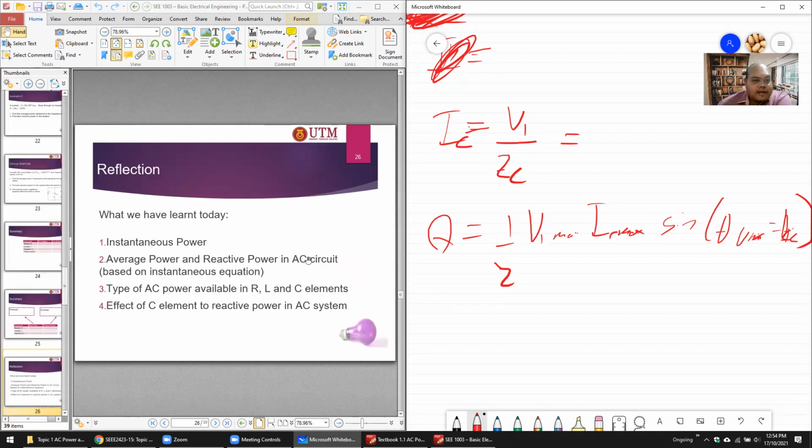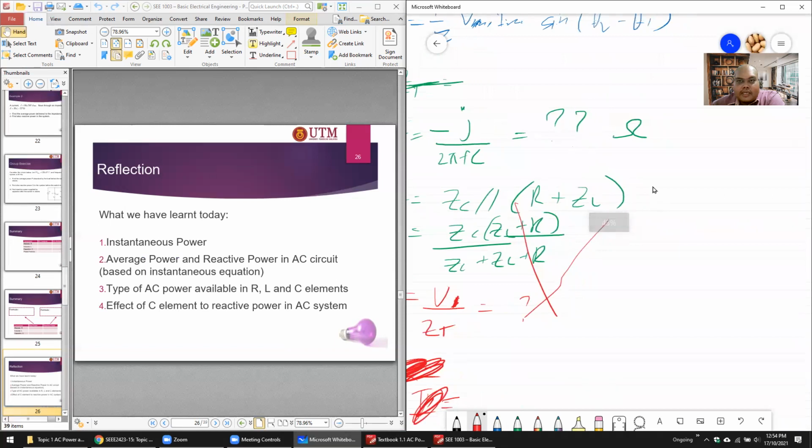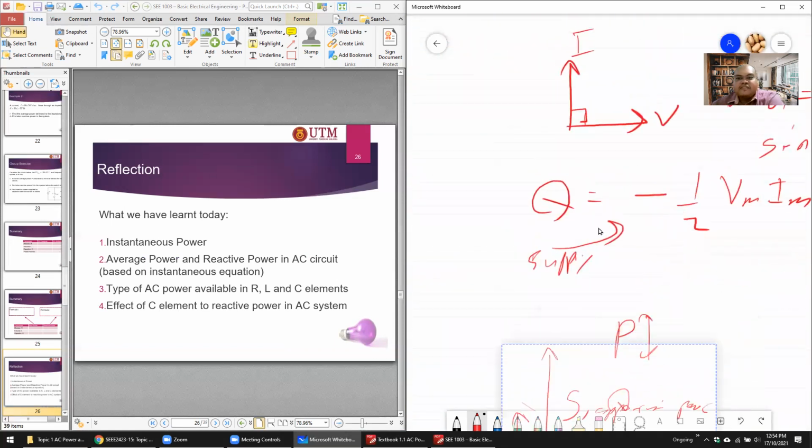Okay, this one you already understand: instantaneous power, average power, types of AC power, RLC, and the effect of C on the reactive power. Okay, remember that I said, let me move it back.